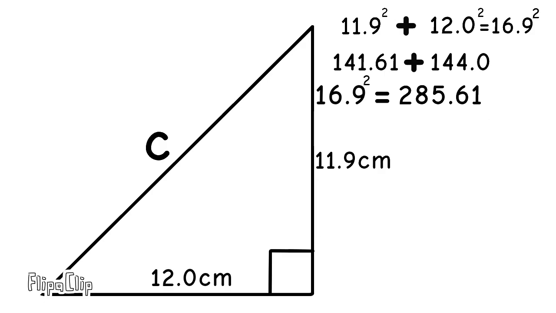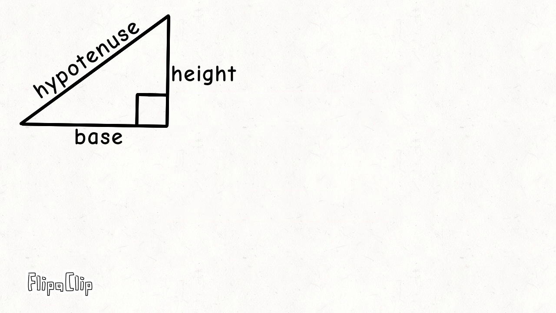Now, when I square 16.9, which is 16.9 times 16.9, I get 285.61. This is a pattern that you can observe in all right angle triangles.